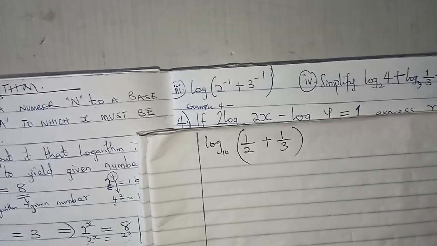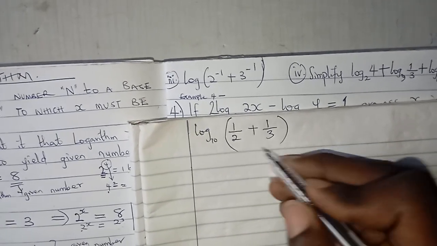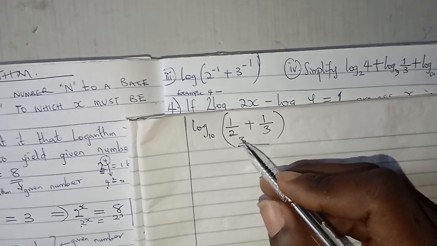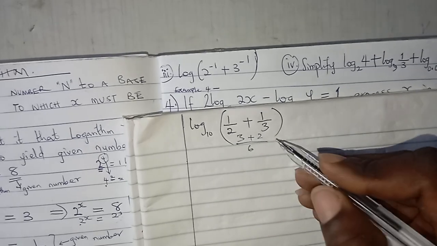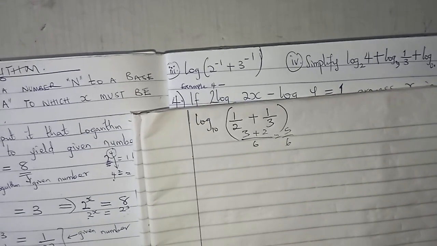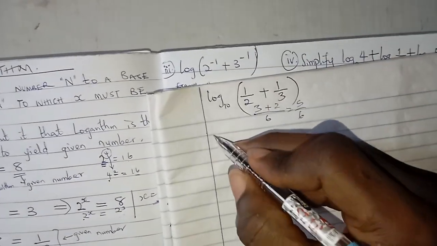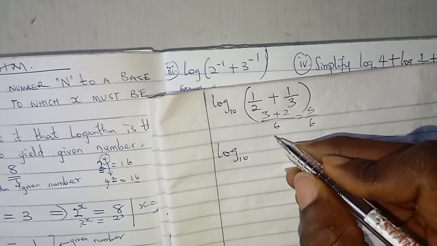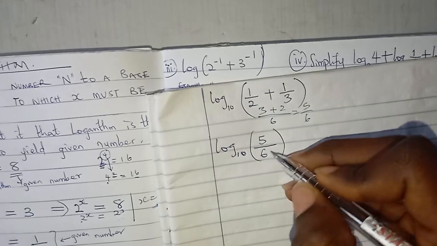So this is going to be, LCM 6, 3 plus 2, 5 over 6. Have we gotten anything log 6 here? No. Okay. So this is log 10 to log 5 over 6, sorry, to base 10.